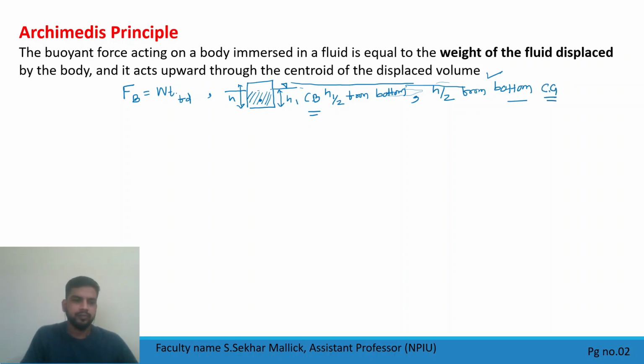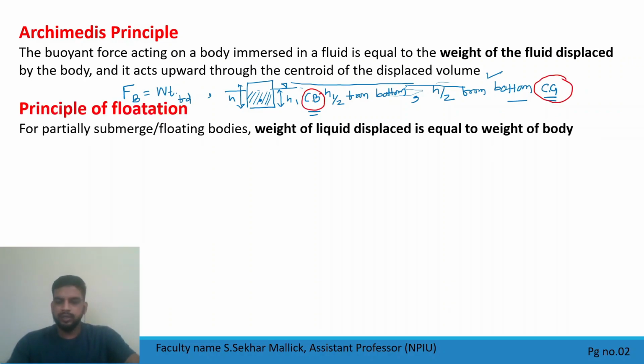Okay. A very important principle in buoyancy is the principle of flotation. Check that. For a partially submerged or floating body, weight of liquid displaced is equal to weight of body. That means this is only valid for a partially submerged or floating body.